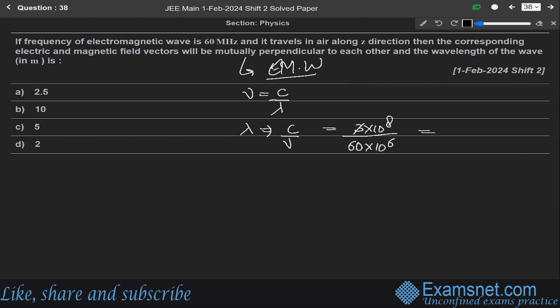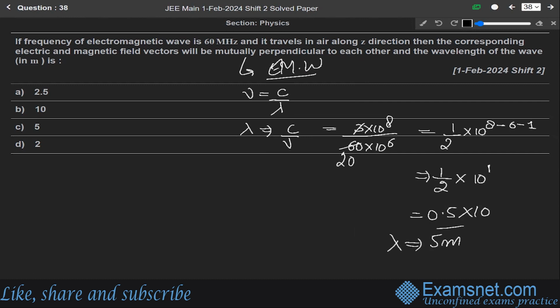So just solve it: 1 by 2 into 10 to the power 8 minus 6 minus 1, which equals 1 by 2 into 10 to the power 1, which equals 0.5 into 10, so it will be equal to 5 meters. So wavelength lambda equals 5 meter. Option C is the correct answer.